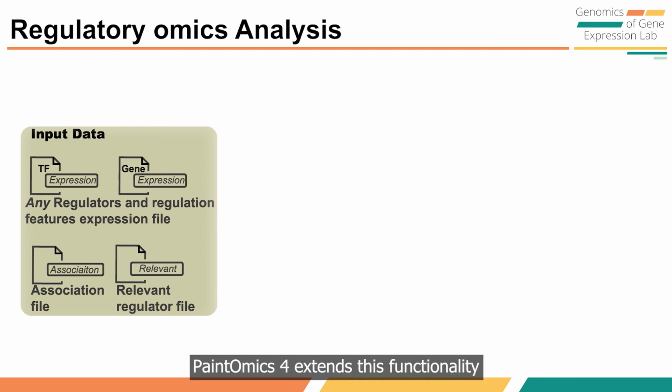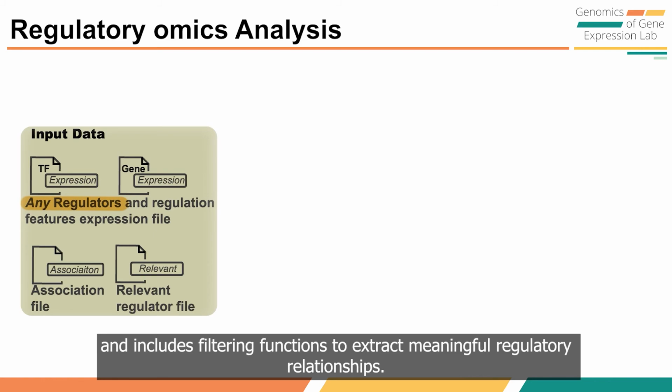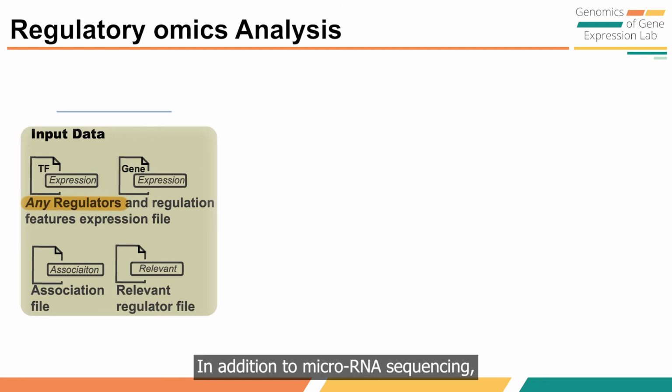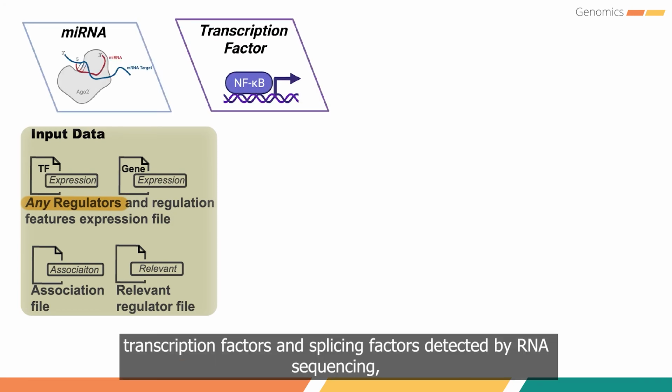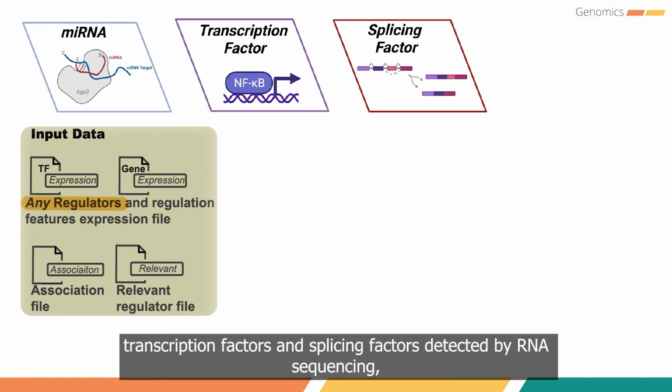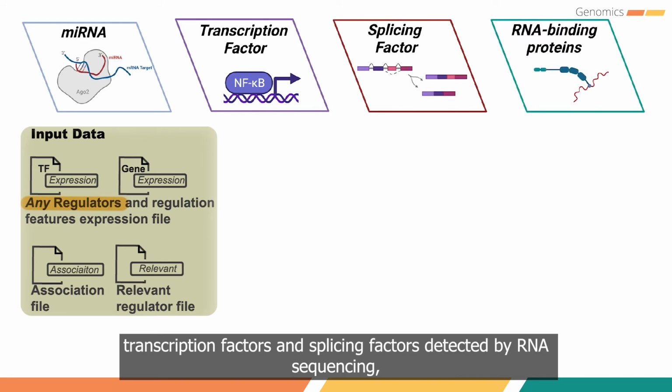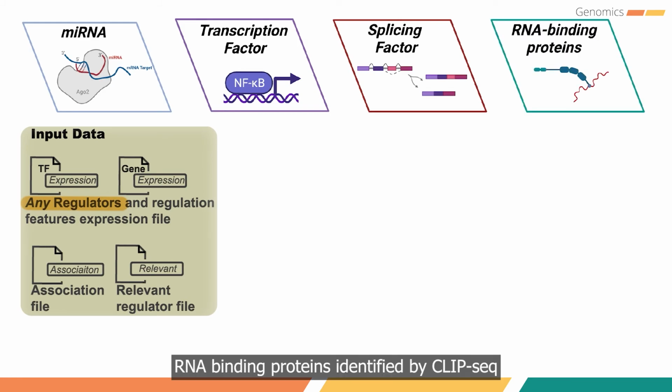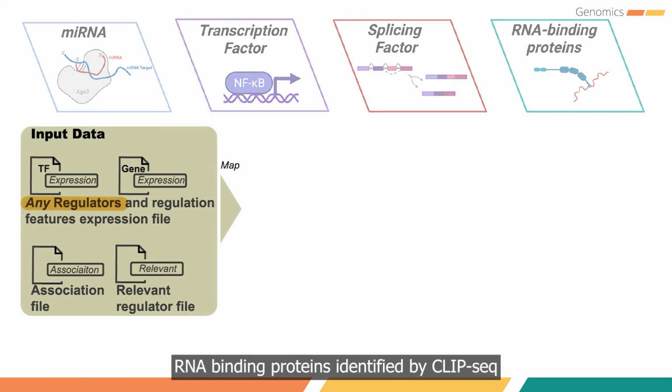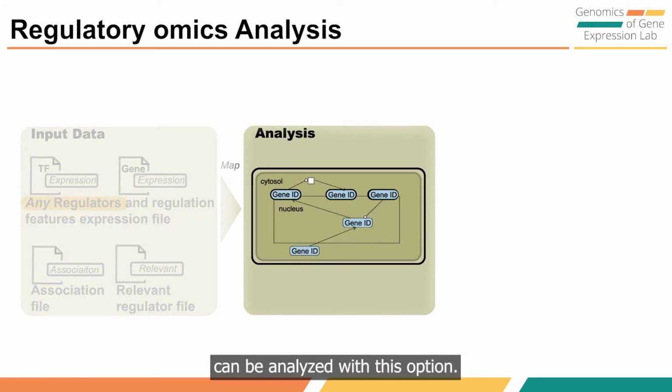PaintOmics 4 extends this functionality to accept any type of trans-acting element operating on genes, transcripts, or proteins, and includes filtering functions to extract meaningful regulatory relationships. In addition to microRNA sequencing, transcription factors and splicing factors detected by RNA sequencing, and RNA-binding proteins identified by CLIP sequencing can be analyzed with this option.